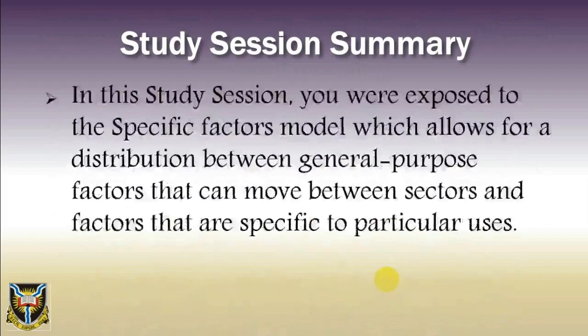Summary. In this study session, you were exposed to the specific factor model, which allows for a distinction between general-purpose factors that can move between sectors and factors that are specific to particular uses.